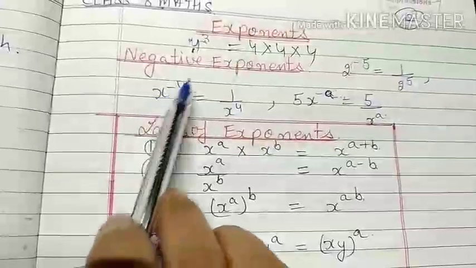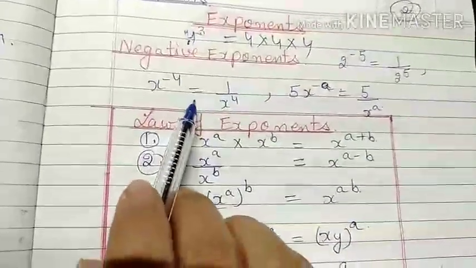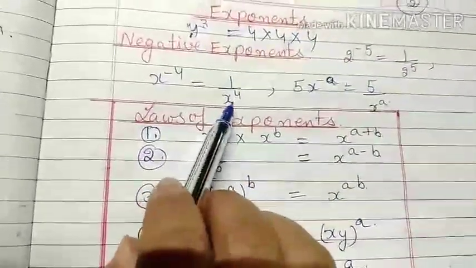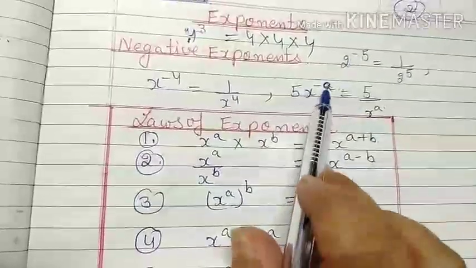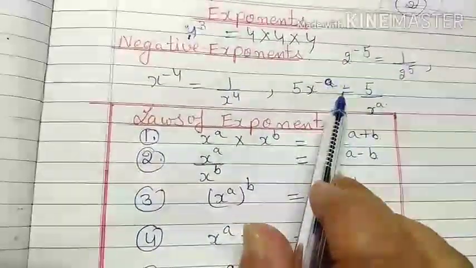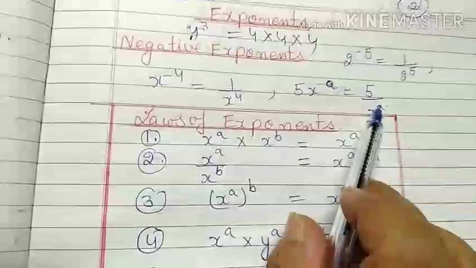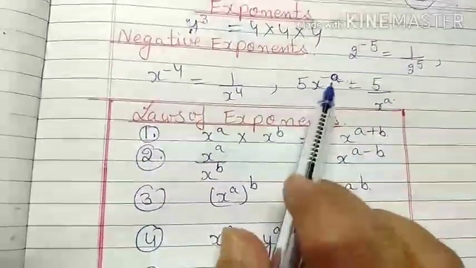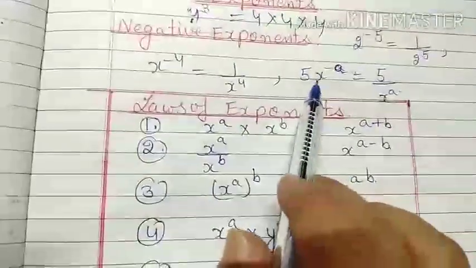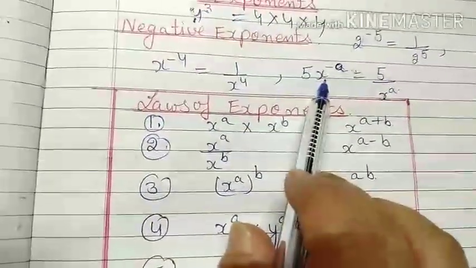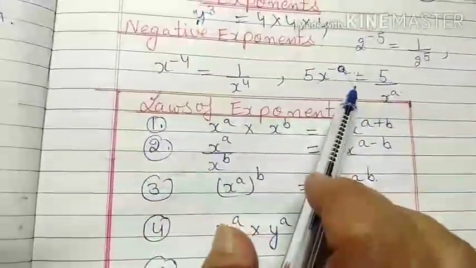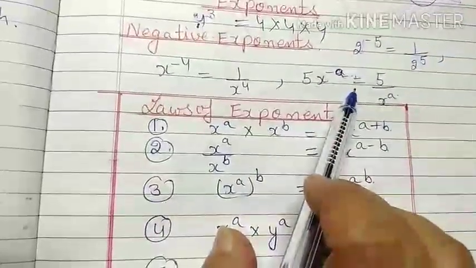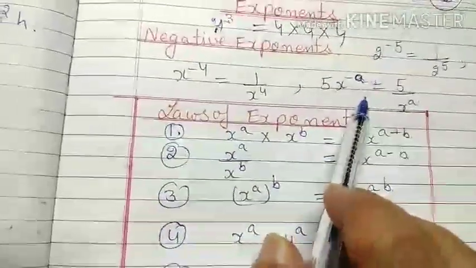Similarly, if x raised to power minus 4 is there, you write 1 upon x raised to power 4. 5 into x raised to power minus a is equal to 5 upon x raised to power a. You need not take the reciprocal of 5 because the power is on the variable x. So a negative power only changes into a positive power by taking the reciprocal of the base.